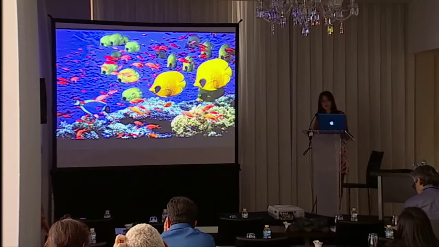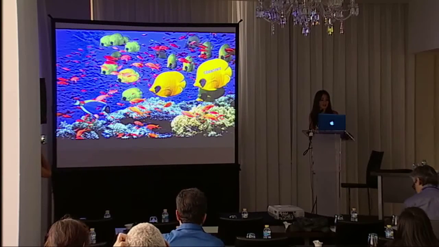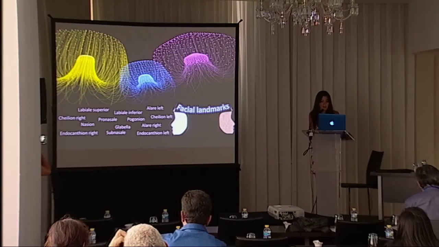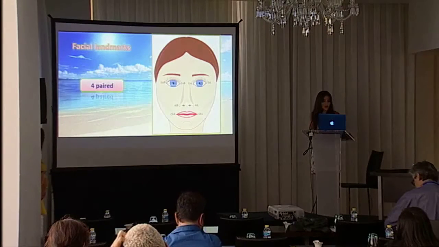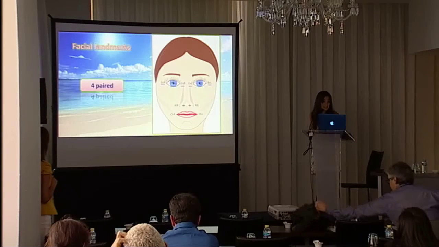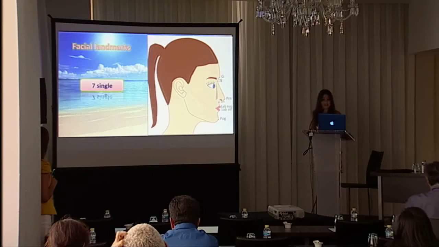3 dentists with maxillofacial radiology background were gathered as qualified observers and trained to place specific landmarks on the subjects' faces. 4 paired landmarks were placed on the frontal images, and 7 single landmarks were placed on the lateral ones.